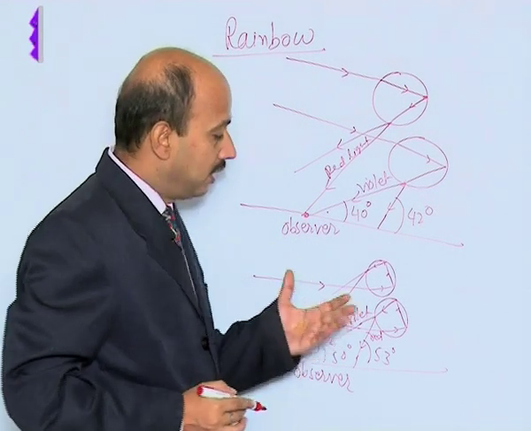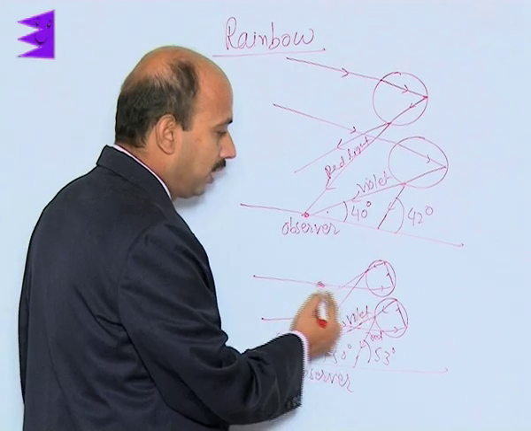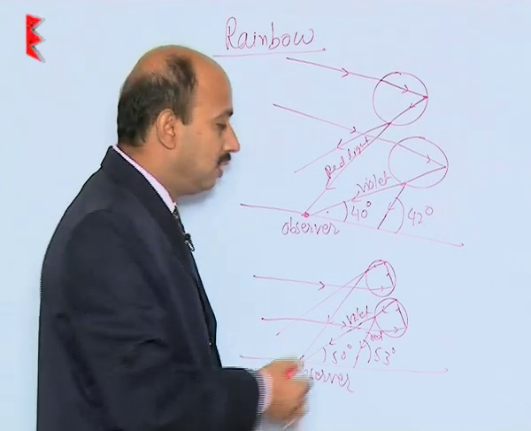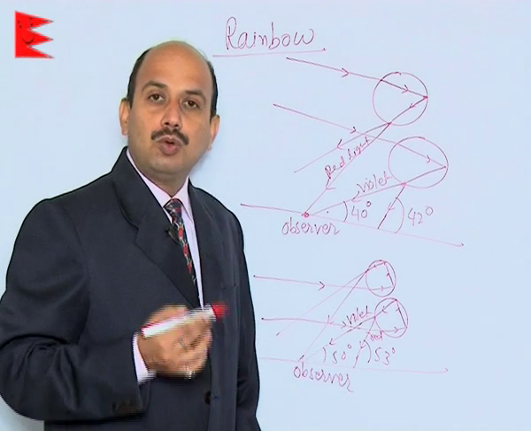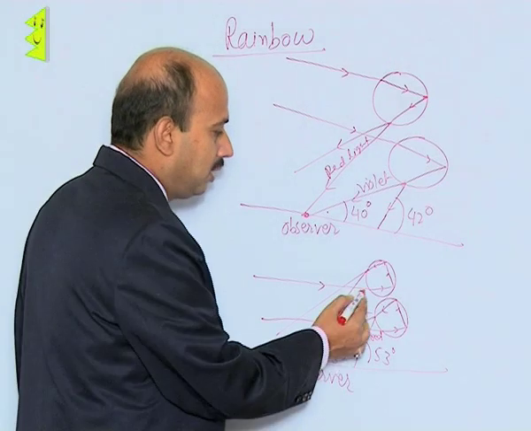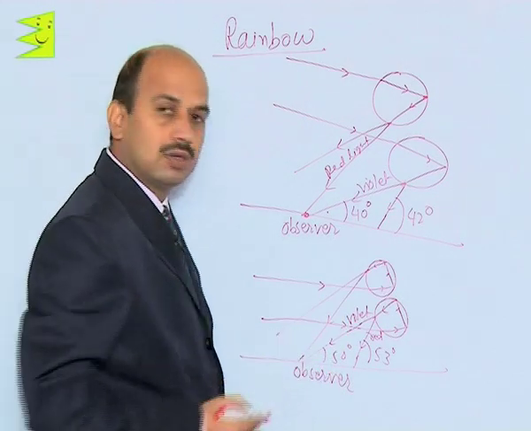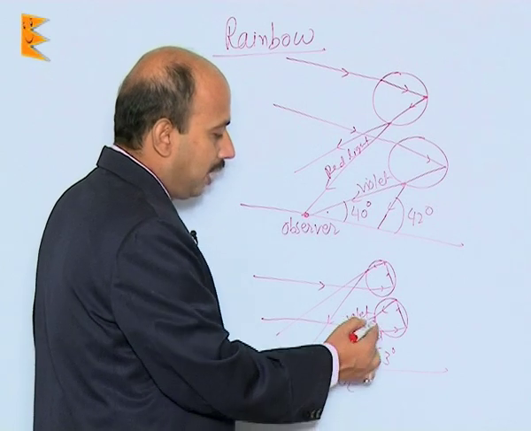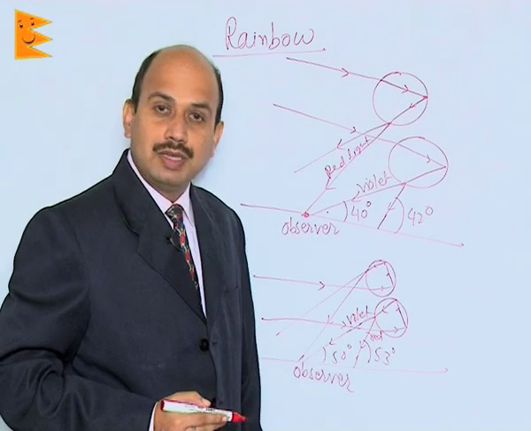But see here another case, here I have taken two rays and two times total internal reflection is taking place. It means there is a four step process, two times refraction and two times total internal reflection. When the rays emerge out, the violet comes at an angle of 50 degrees and red comes at an angle of 53 degrees.